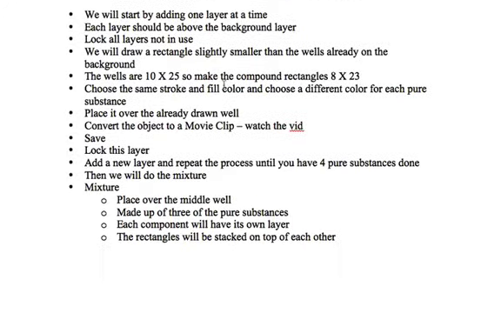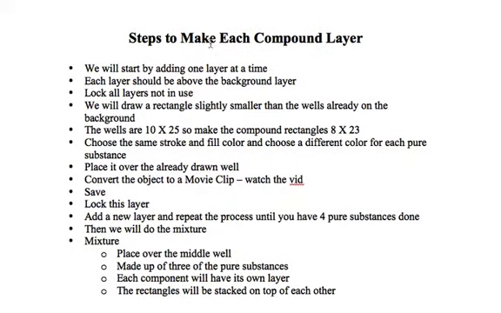Word document, and here are the steps for each of the compound layers. We started by adding 1 layer at a time. Each layer should be above the background. We locked all the layers that were not in use. We drew a rectangle slightly smaller than the well already on the background.